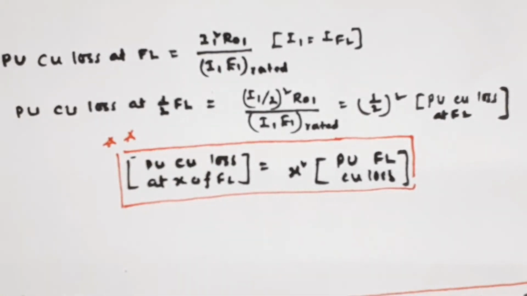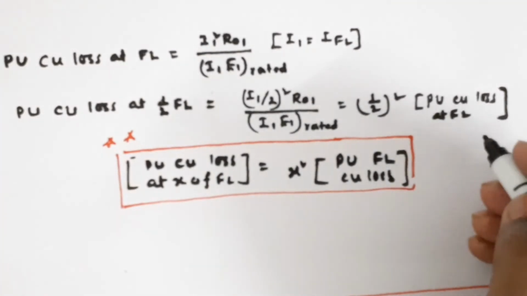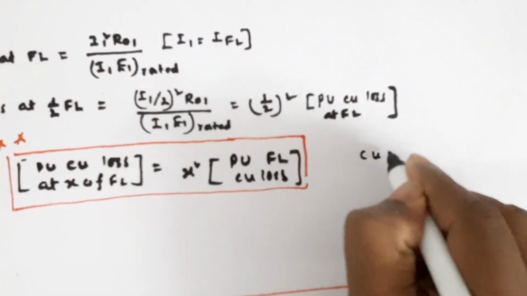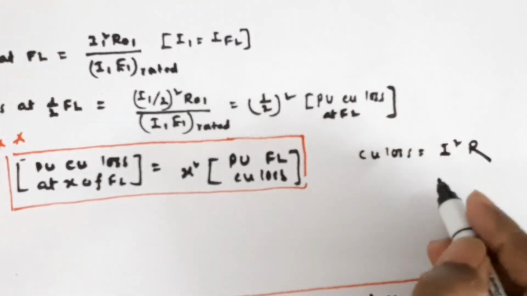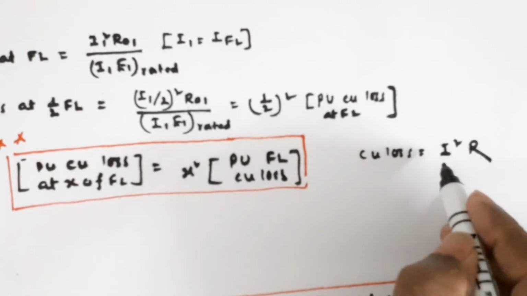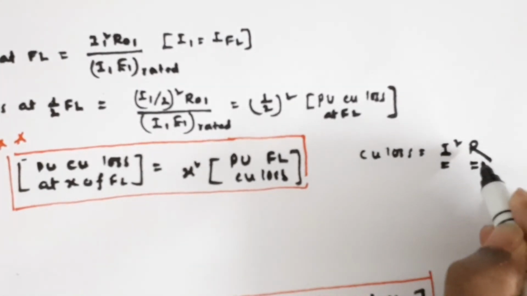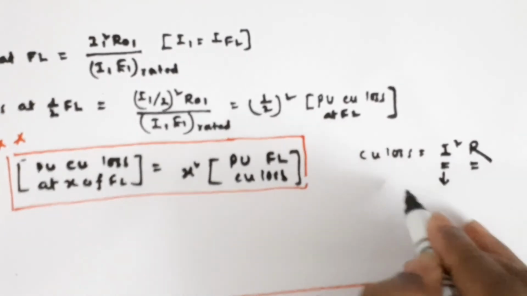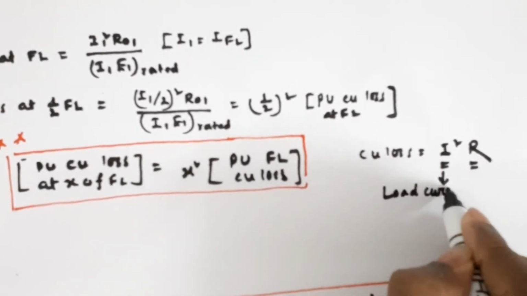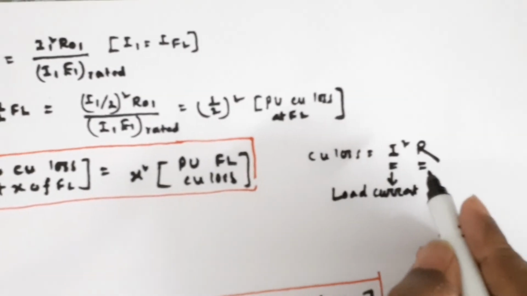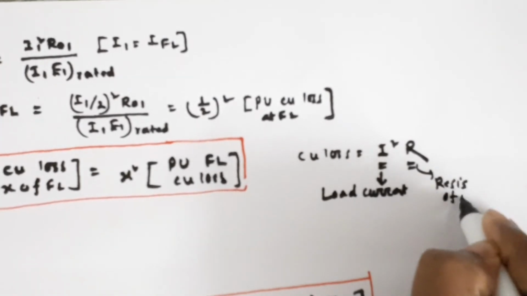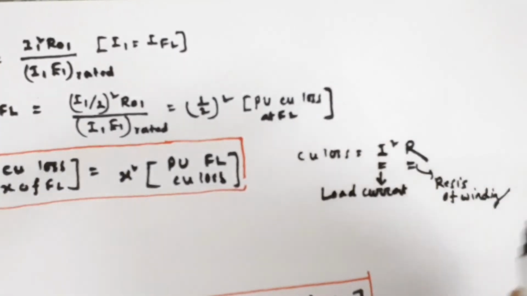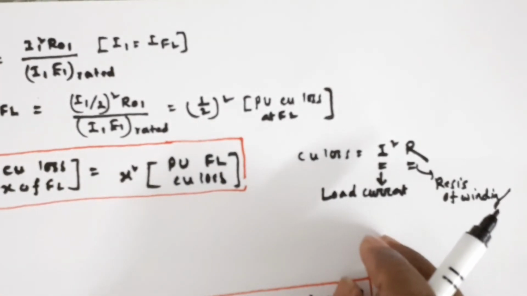Now, the copper loss depends upon two factors. Copper loss is the I square R loss, so it depends upon the load current and the resistance of the winding. I is the load current and R is the resistance of the winding.